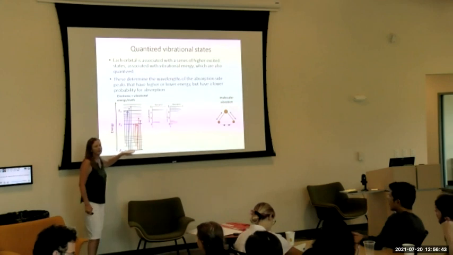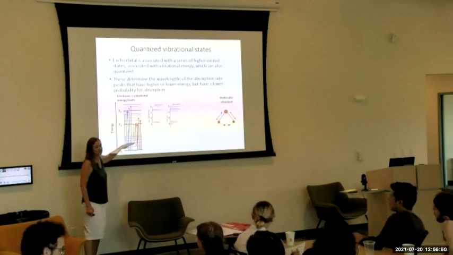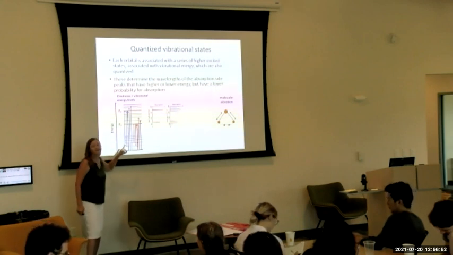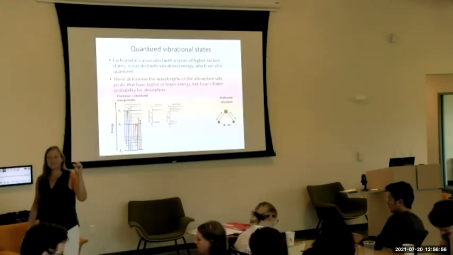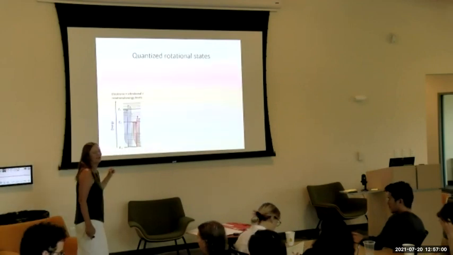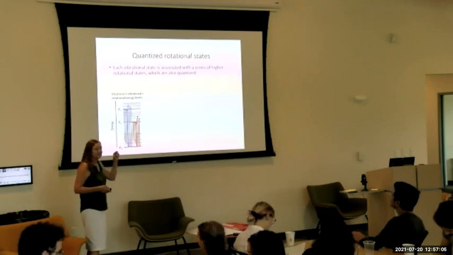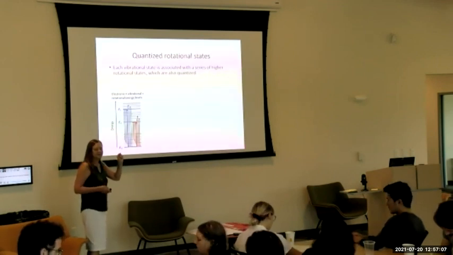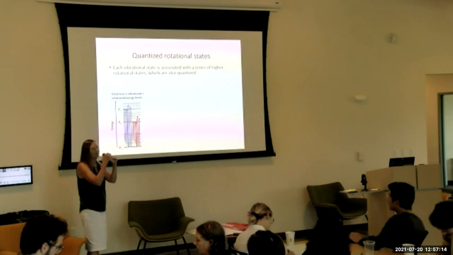So you know where I'm going to go next. If I've gone from electronic states to vibrational states, I'm going to go to rotational states. So each one of these vibrational levels has associated with it a series of quantized rotational levels, right? So those are also quantized, specific amounts of energy that can be absorbed by a molecule. It can absorb a little bit more, a little bit less. It's within that rotational state.